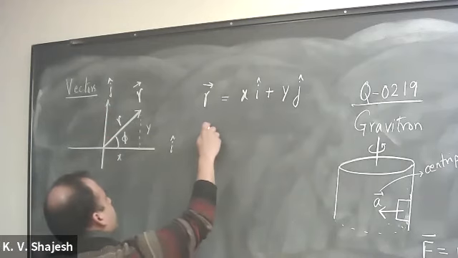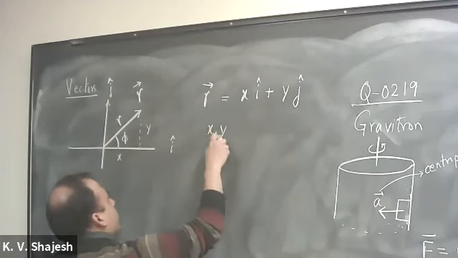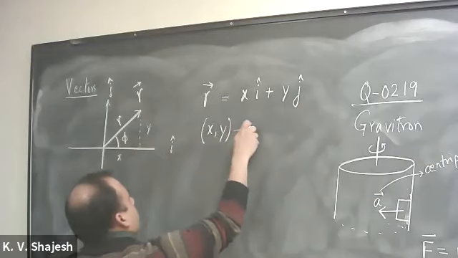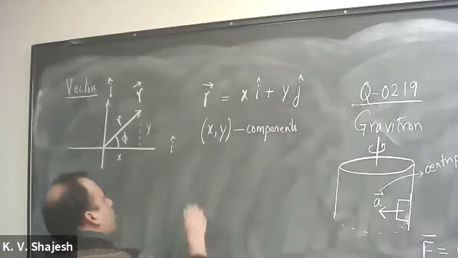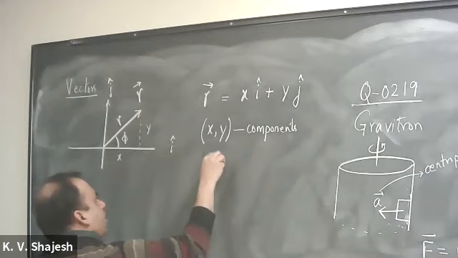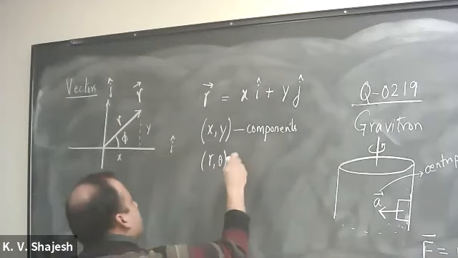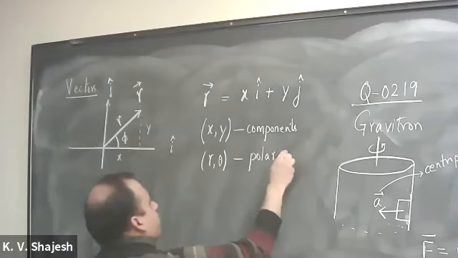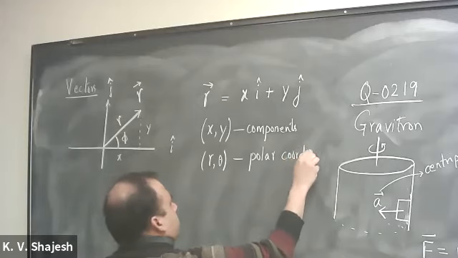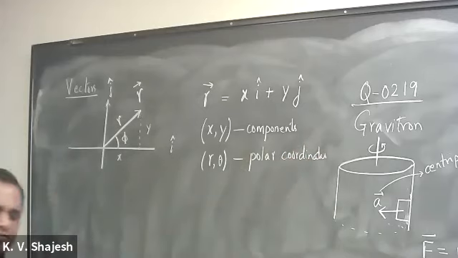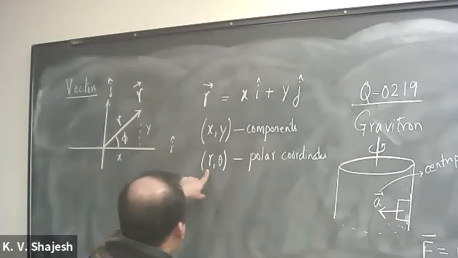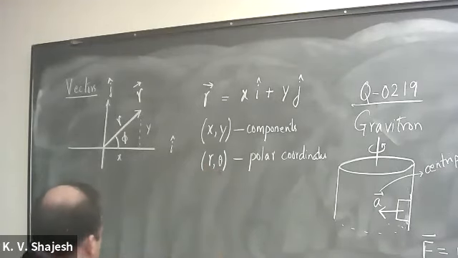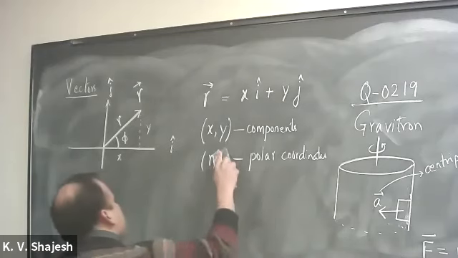So for the vector we need two pieces of information, either the rectangular components, or r and phi, magnitude and direction. This is very similar to polar coordinates, a one-to-one connection. So this is the magnitude of the vector, and this is the direction of the vector. Oops, phi, right? I didn't mean to say theta.